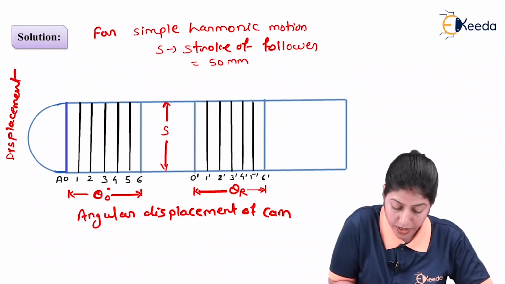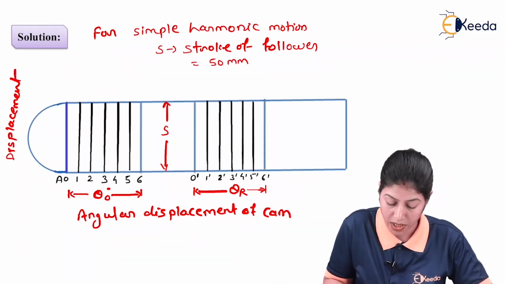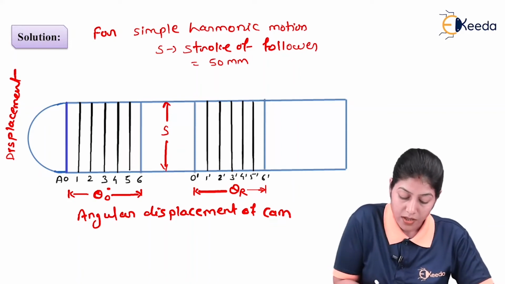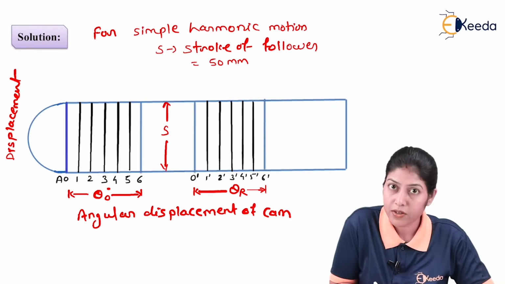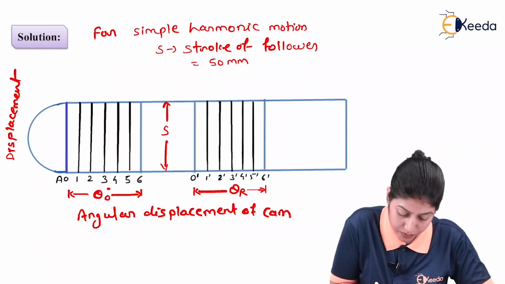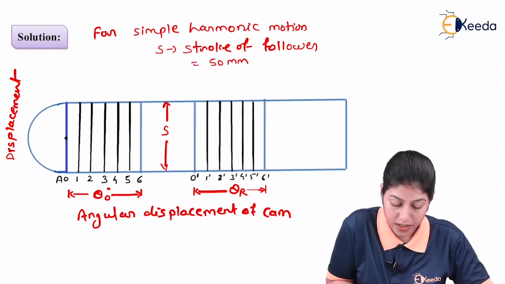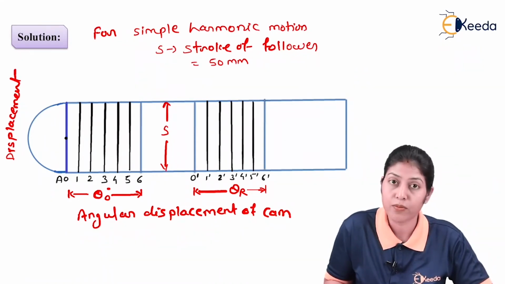So this vertical line is representing the division of theta naught and theta r into 6 parts. Now for this semicircle, first we will mark the center of the semicircle, and from this center we will divide the semicircle also into 6 equal parts.